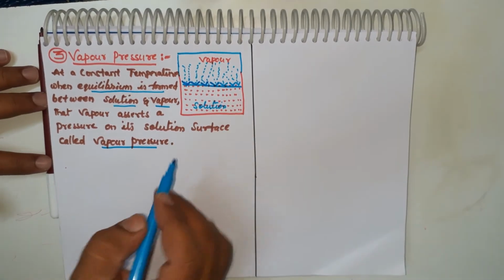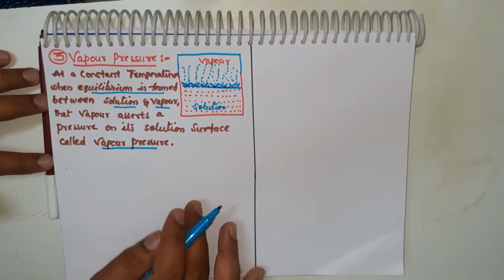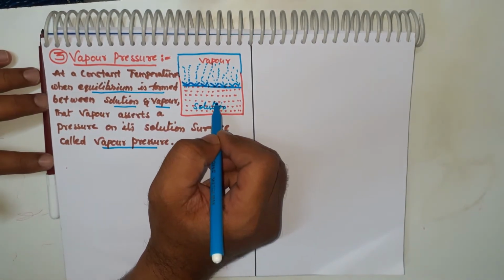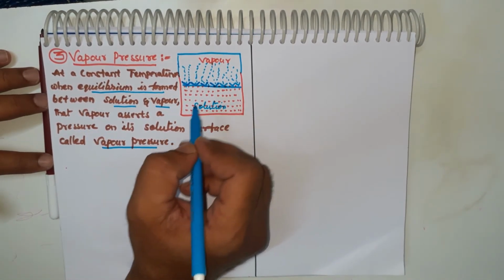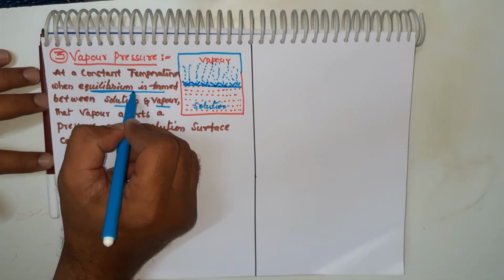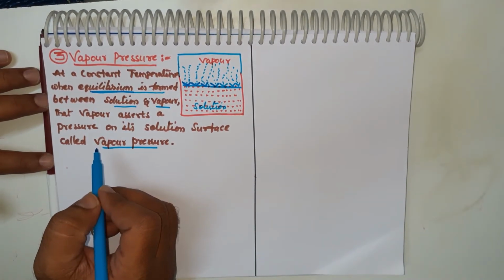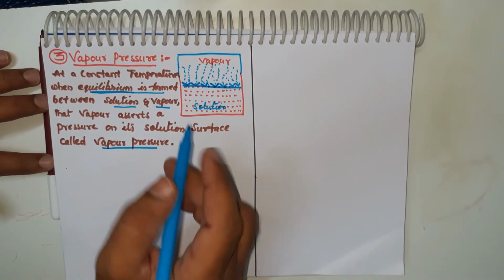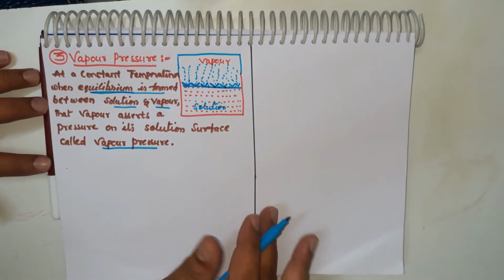That pressure is known as vapor pressure. Here the vapor and liquid phases are in equilibrium, that is dynamic equilibrium, both proceeding at the same rate. Okay, this is known as vapor pressure.